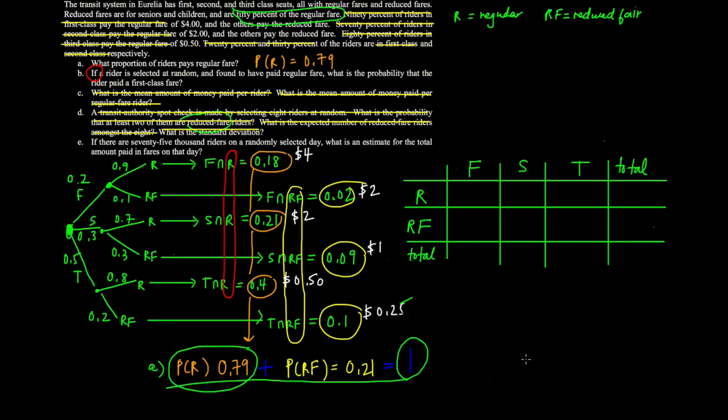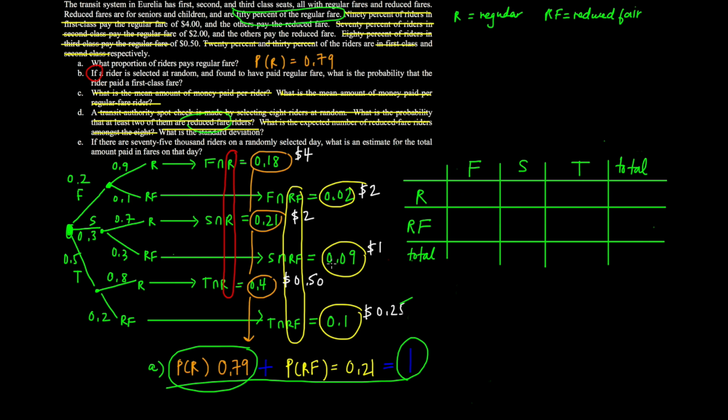So remember in the theory what I told you, the table is great for showing you the intersections, so the ands, whereas the tree is good for showing you everything. Simply you have to calculate the ands at the very end, right? So first class and reduced, we would need to compute it, okay?